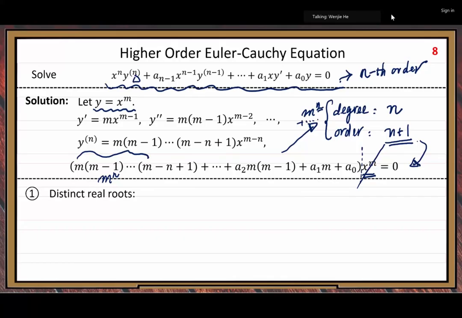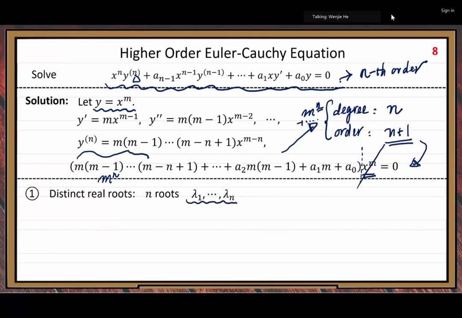All right. Case 1, distinct real roots. We assume this degree n polynomial. Remember last time I talked about the fundamental theorem of algebra. Based on that theorem, there are n roots.